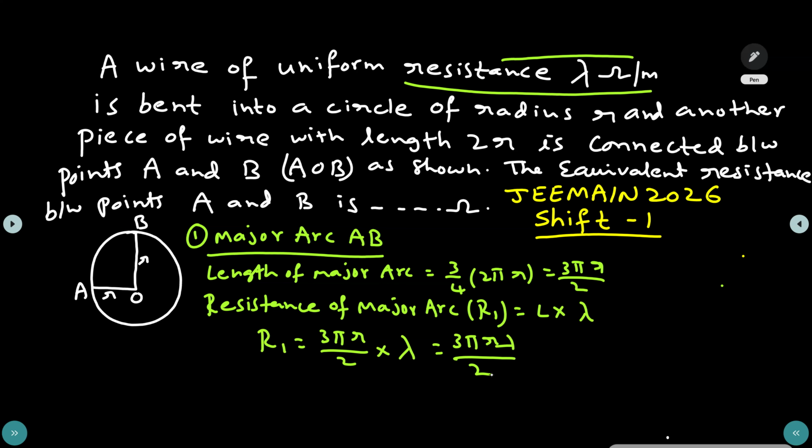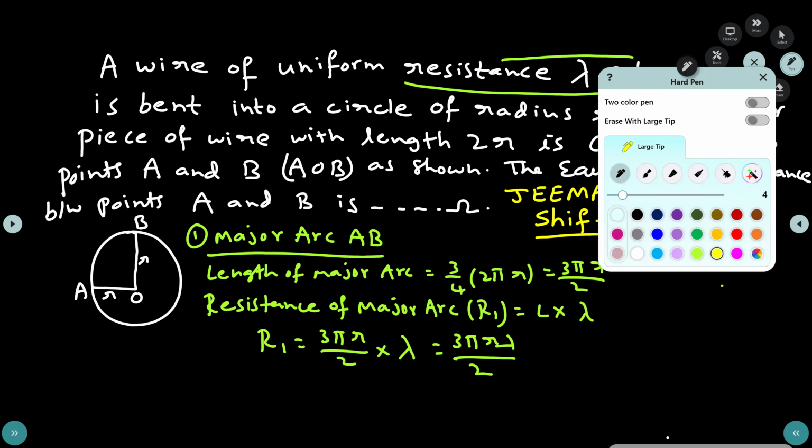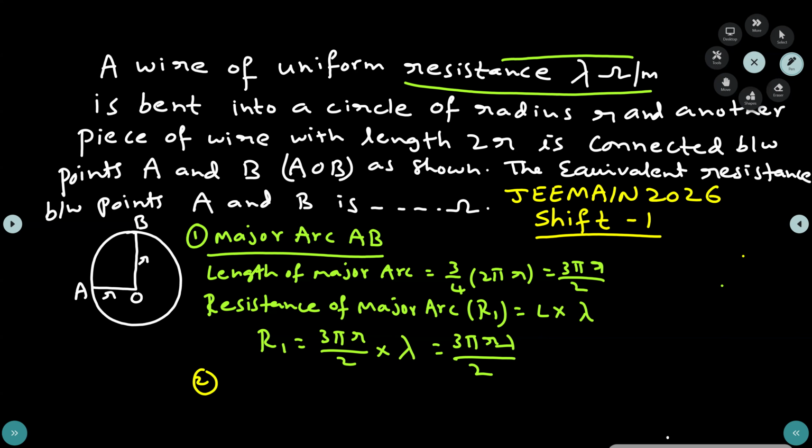Now come to the minor arc. The remaining part is the minor arc. Take it as the second part. The minor arc is also from A to B only.